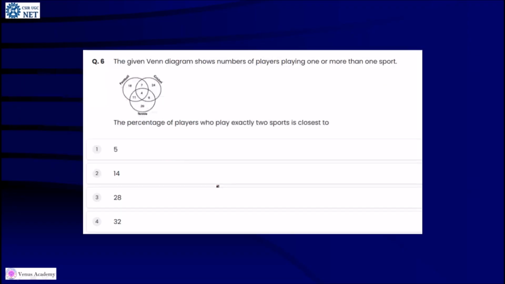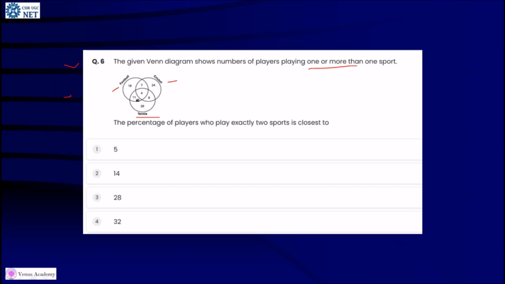Next, question number 6. The given Venn diagram shows numbers of players playing one or more than one sport. The percentage of players who play exactly 2 sports is closest to. This is a Venn diagram. So what are the sports? Football, cricket and tennis.